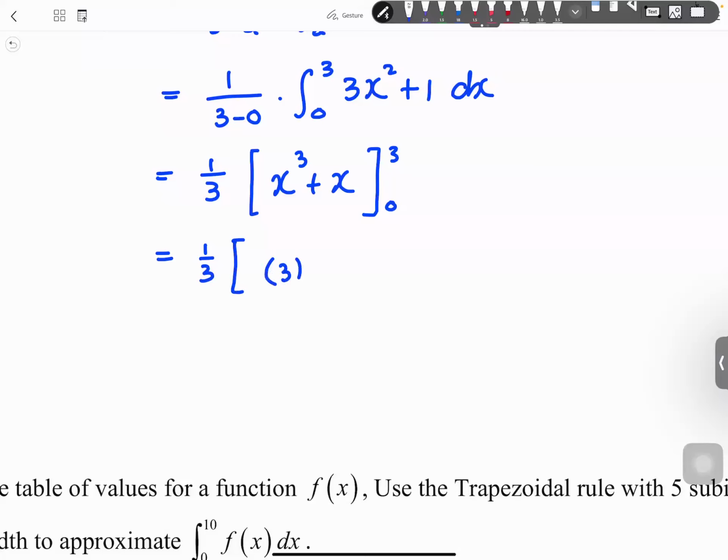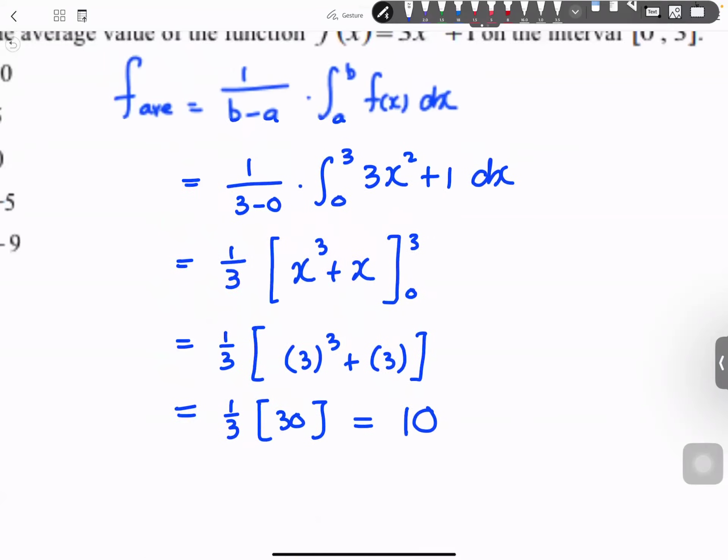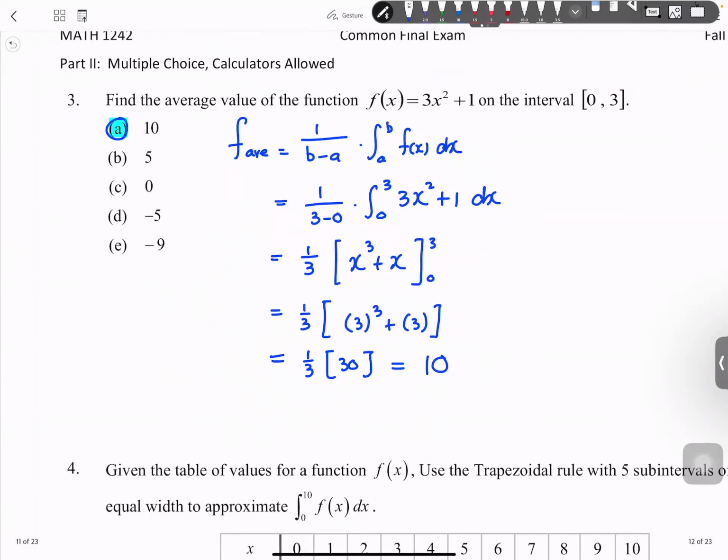So this would be 3 cubed plus 3. Plug in bottom, of course, is 0. And when I evaluate here, this is equal to 1/3 times 30, which is equal to 10. So answer A.